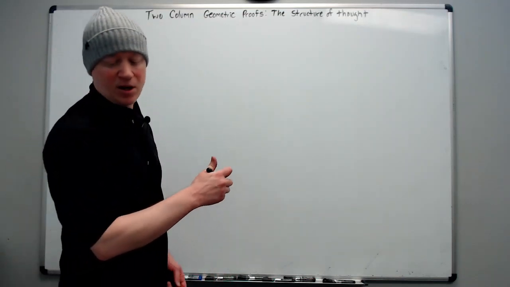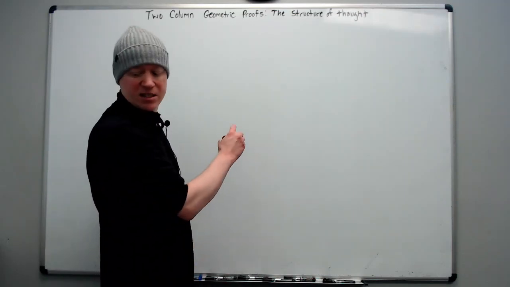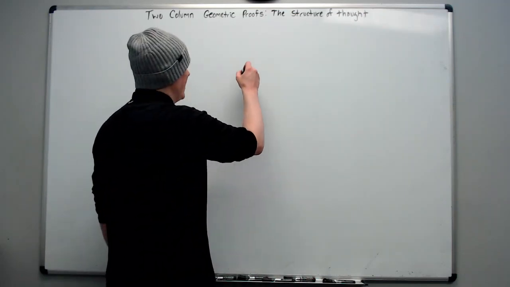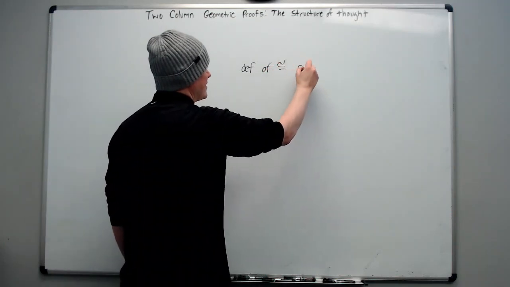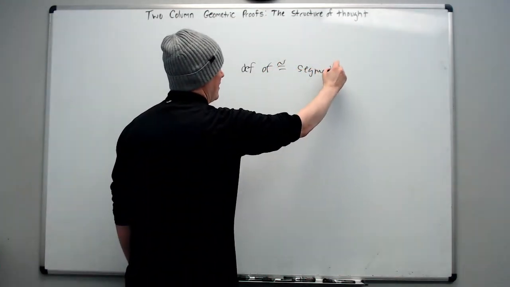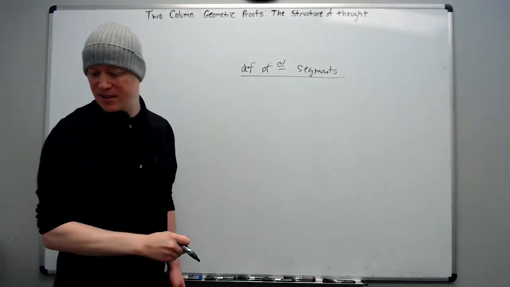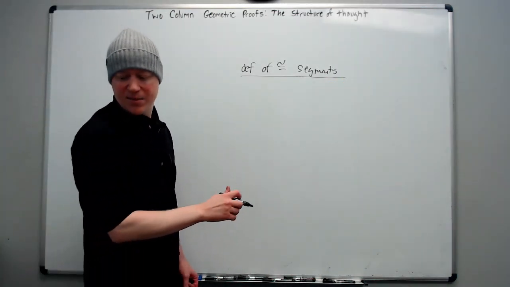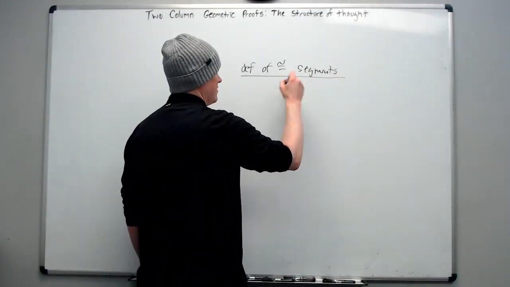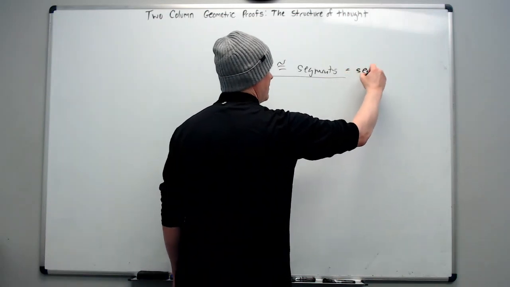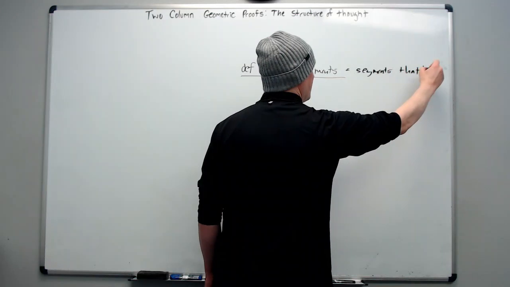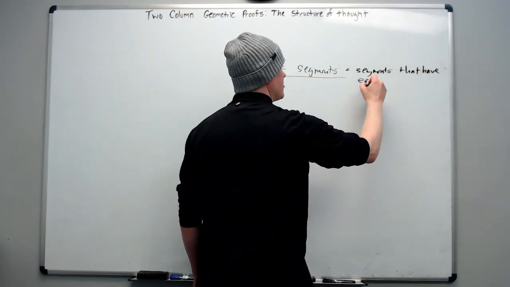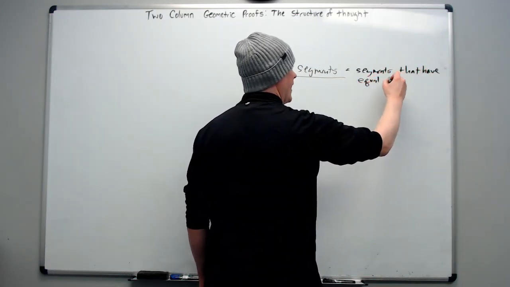So for example, I'll take a definition in this book. It's from page 13. It's the definition of congruent segments. And the definition says that they are segments that have equal lengths. Okay, so how do we do a biconditional?